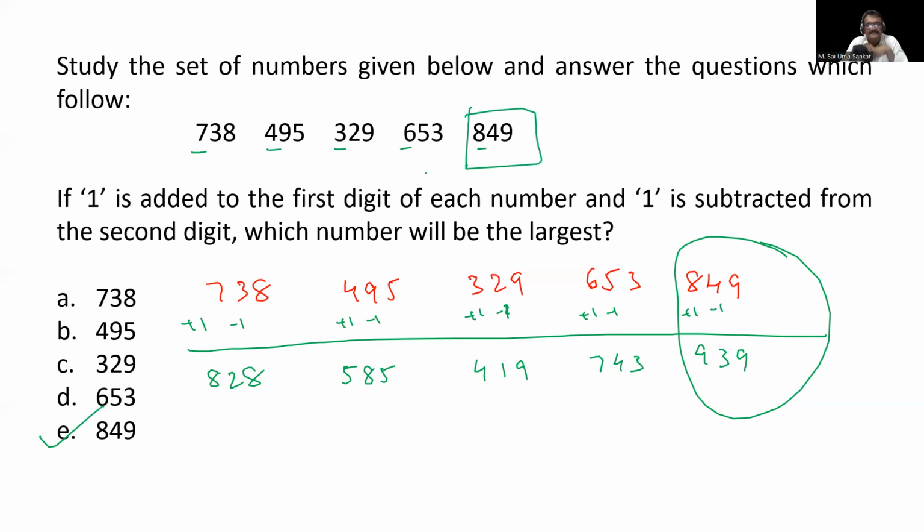That is the answer. No need to add and subtract, etc. Whether you add 1 to the first digit or not, whatever it is, because we add 1 to each and every number's first digit. So what is the answer? 849, which is the required answer.